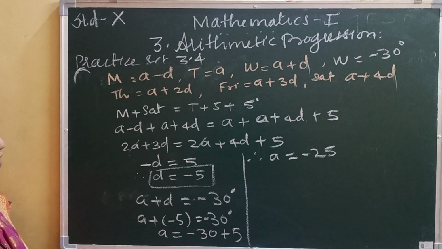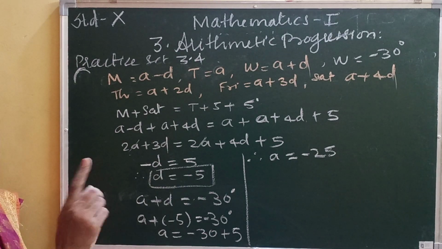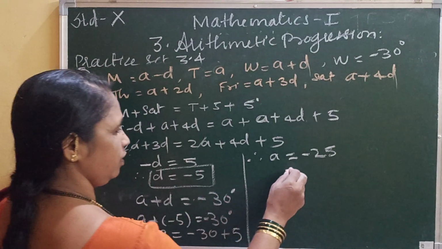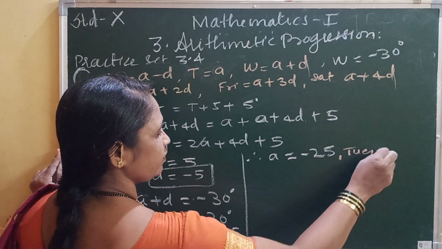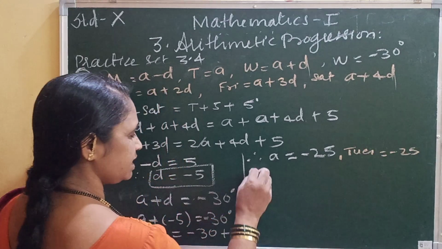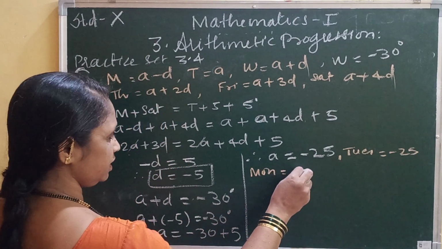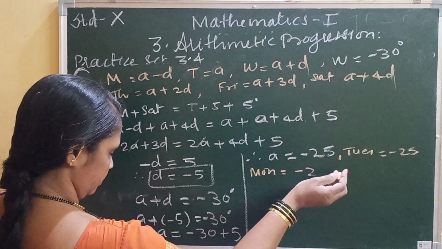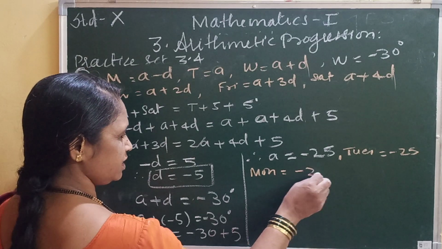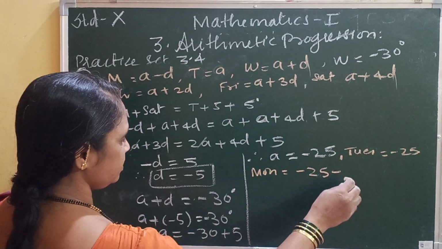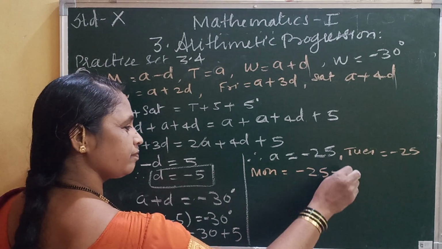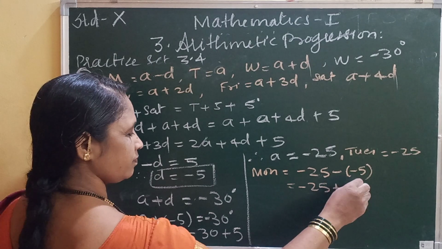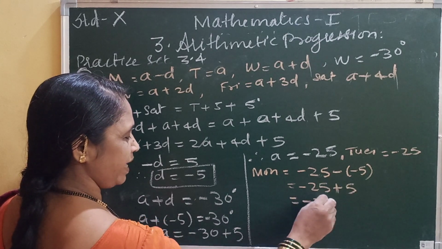Okay. Means Tuesday's temperature is minus 25. Wednesday's is minus 30 degrees. Now Monday's temperature we will find. Monday's temperature is A minus D; we got A minus 25 and D minus 5, means minus 20.